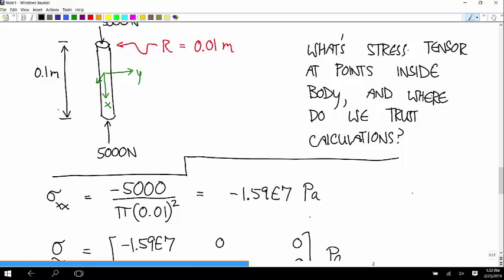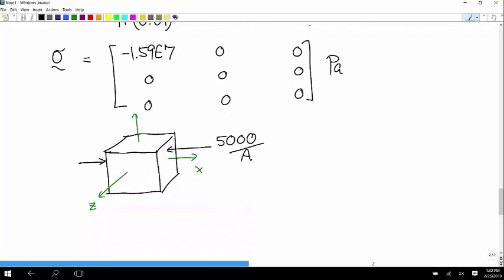One kind of problem that we're going to do a bunch of. This is the main place in this class that we're going to use statics.